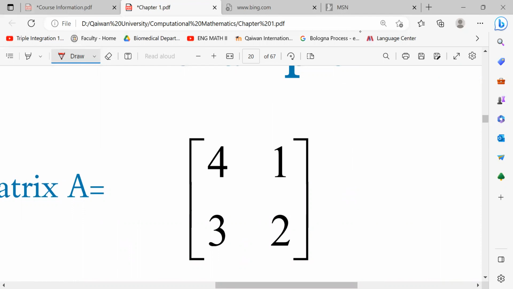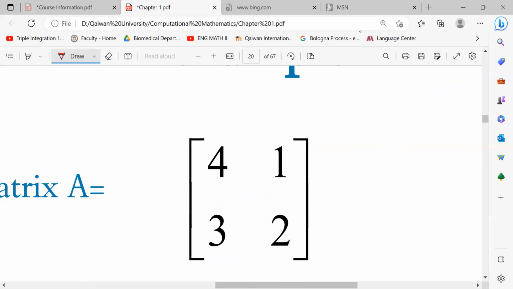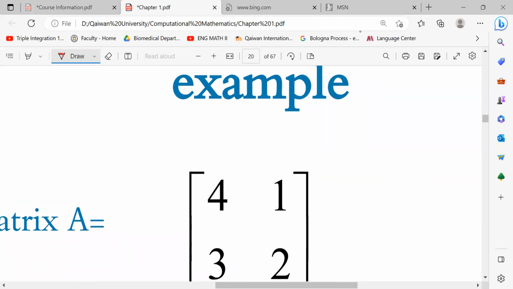In the rule, we need the determinant, and we also need to interchange these two elements and change the sign of these two. We multiply 1 over the determinant by the matrix that you get by interchanging those two elements and changing the sign of the other two, and we get the inverse.